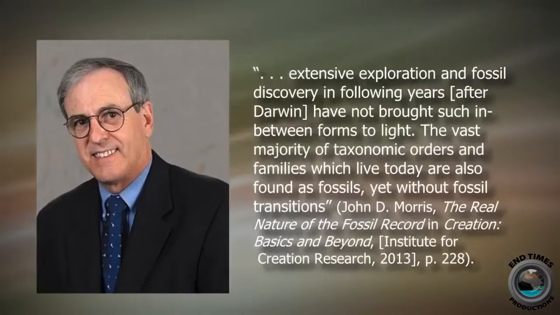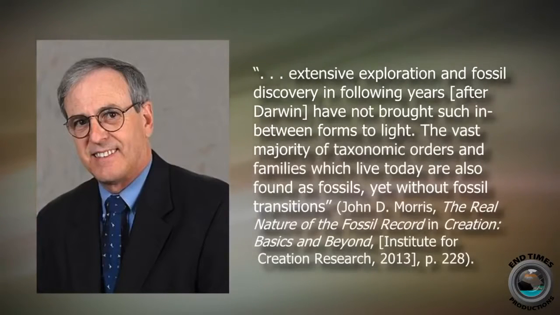Although Darwin himself, as well as modern Darwinists today, claim that the reason we do not find these transitional forms is because the fossil record is supposedly imperfect, this attempt at saving face will not work for other reasons as well. John D. Morris notes, "Extensive exploration and fossil discovery in the following years after Darwin have not brought such in-between forms to light. The vast majority of taxonomic orders and families which live today are also found as fossils, yet without fossil transitions."